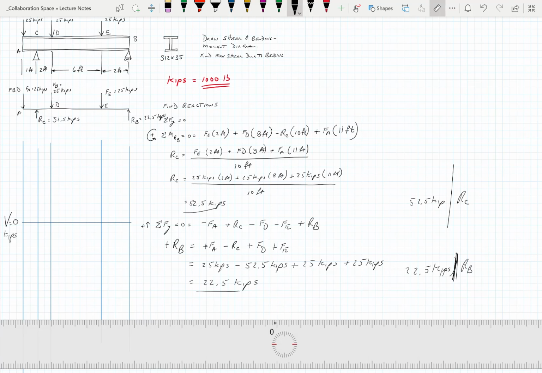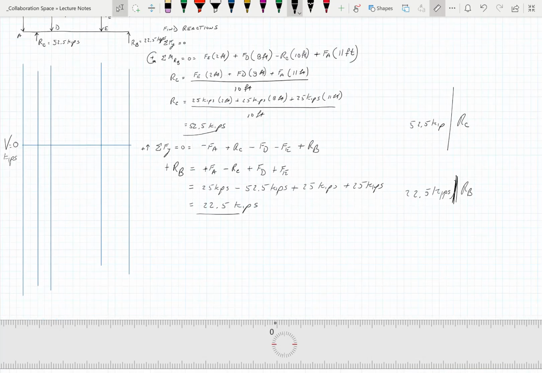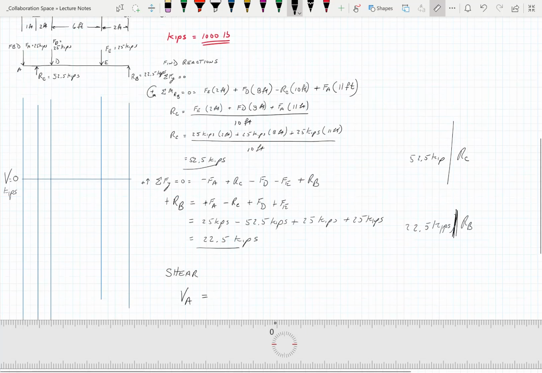So far, so good? All right. So at A, V of A is going to be equal to what? What's the force pushing down? It's going to cut that off.